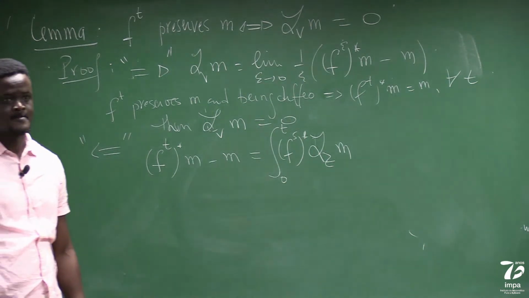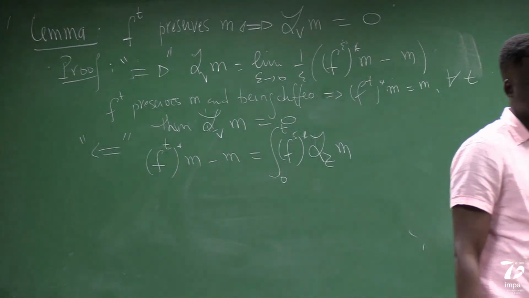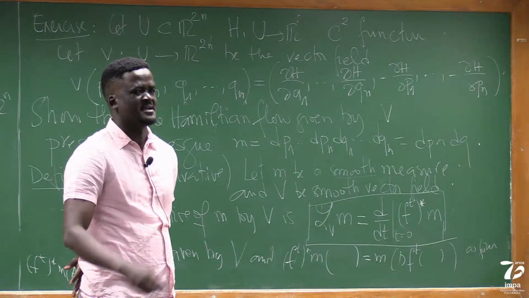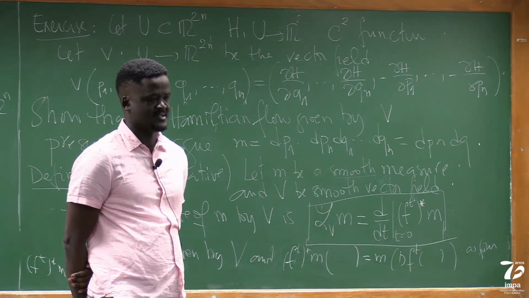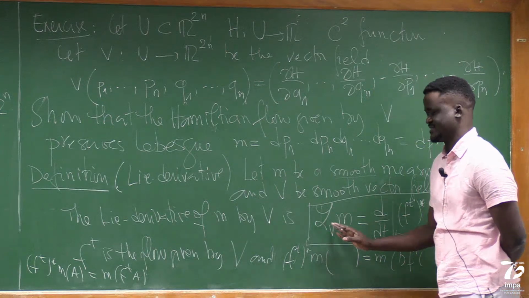Mm-hmm. This smooth measure that you are talking about, you are defining this measure with the Riemannian metric behind. Yeah. So when I say smooth measure, you can take a Lie derivative of any other form. This doesn't just reduce to top forms.